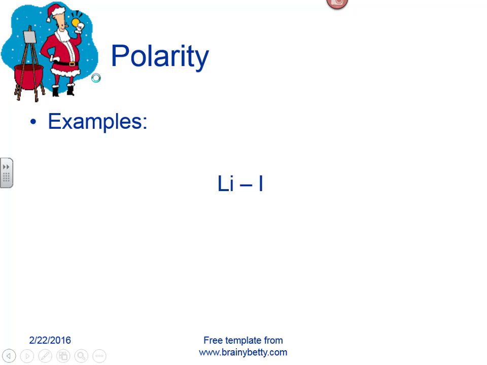Next one, lithium iodide. First thing we have to do is determine if the bond is polar. So that means we need to look up the electronegativity for lithium and for iodine.